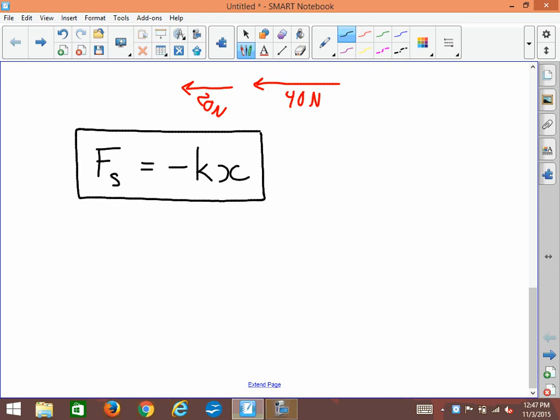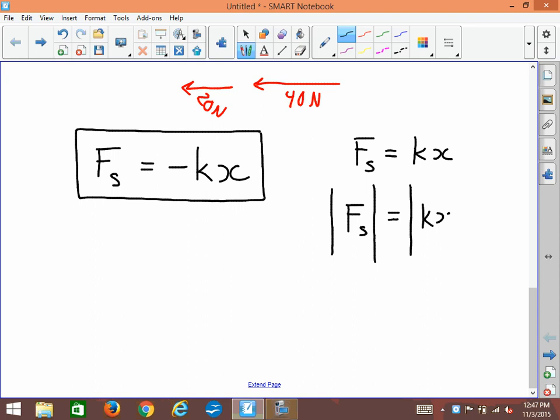Now, some books that I've seen just write it like this, and they don't worry about the direction, because what they're not writing is the fact that they're considering the magnitude only. And you recall that magnitude can be symbolized in mathematics by using absolute value signs, because magnitude means we're not concerned about the direction, or the plus or the minus.